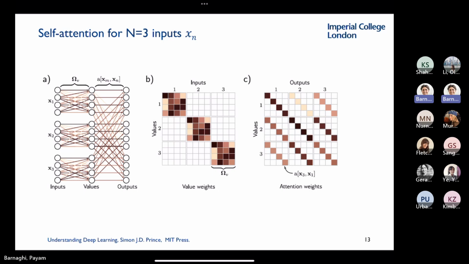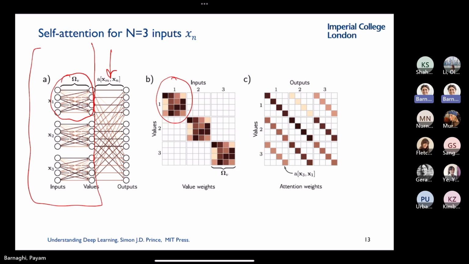In reality, what we do is create a fully connected network here, and each of these is a fully connected network, and a fully connected network in this layer. The weights for the fully connected network in this part are exactly the same.